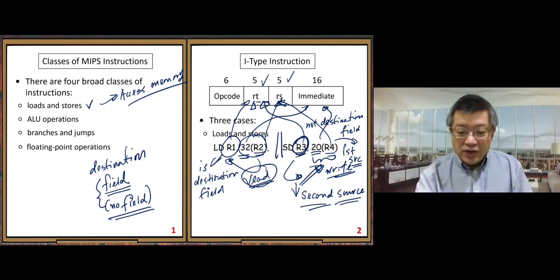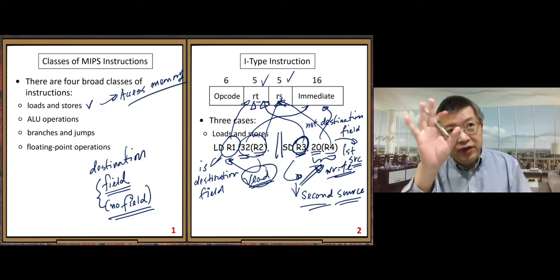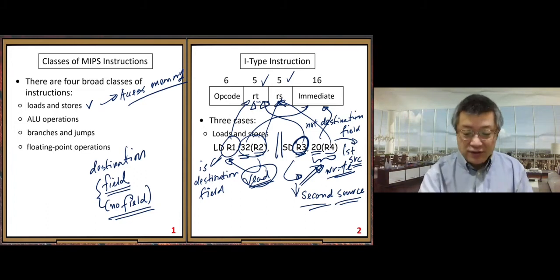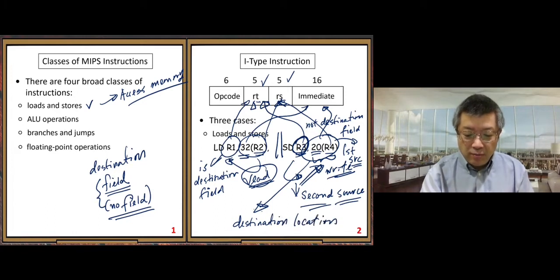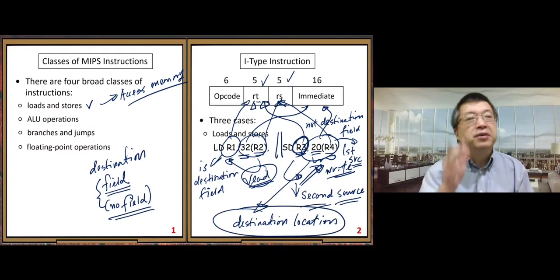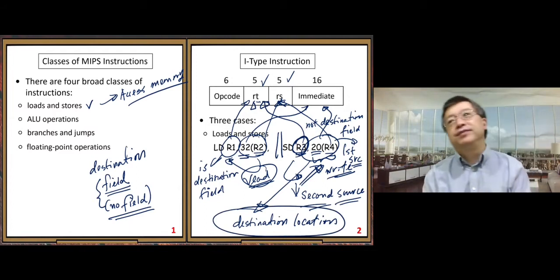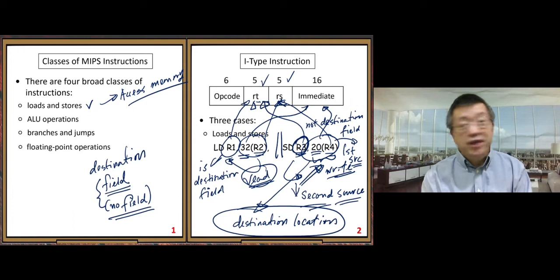So then, the second one: there is no destination field, but there is a destination. This location corresponds to the destination location. We call it the destination location, but there is no destination field. So it's very easy to get confused.